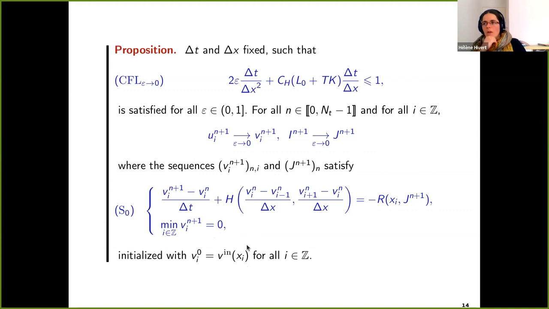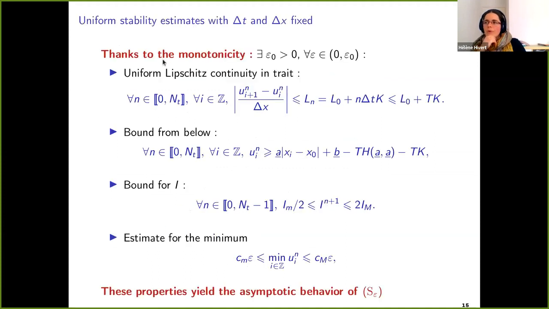Well, the proof of this theorem also strongly uses the monotonicity of the scheme. The monotonicity gives you that the Lipschitz bounds of the initial data are preserved. They are a bit increased because of the net growth rate R. The bound from below, so the fact that U is over a triangle, is conserved thanks to the monotonicity of the scheme.